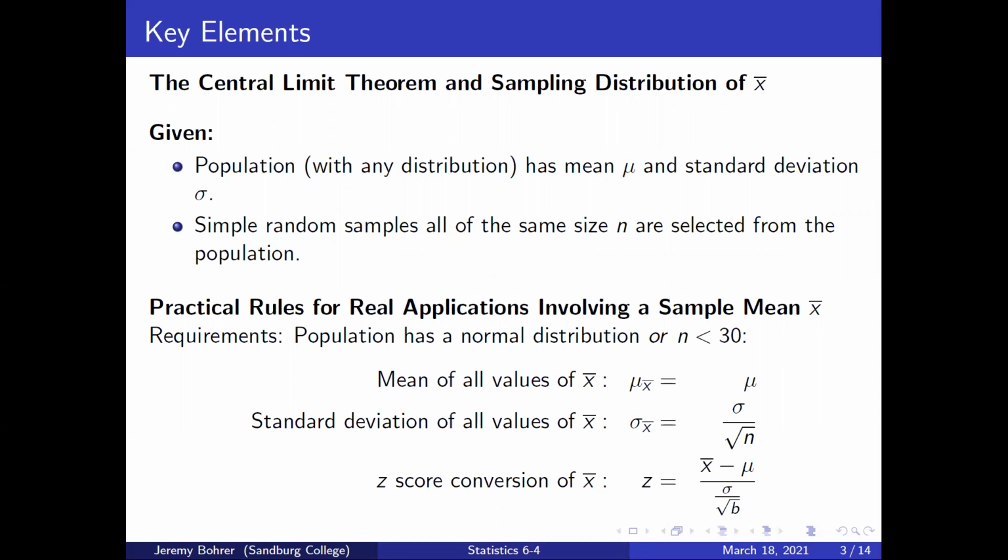The mean of all values of x bar, mu sub x bar, is equal to mu. The standard deviation of all values of x bar, sigma sub x bar, is equal to sigma over the square root of n. And the z-score conversion of x bar is z equals x bar minus mu over sigma over the square root of n.